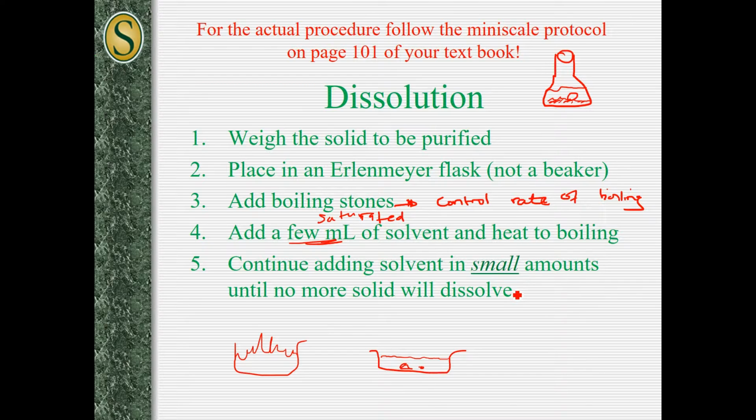So we'll add small amounts of solvent as need be to make sure that all the cloudiness is gone, and that means all the benzoic acid will have dissolved. The cloudiness that we will see will be because of undissolved benzoic acid, so we don't want to see that. That's why we'll keep adding small portions of the solvent, keeping in mind we want the overall solution to be saturated.